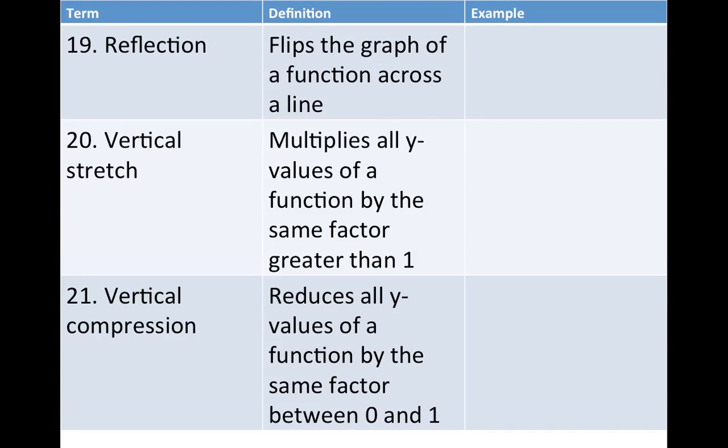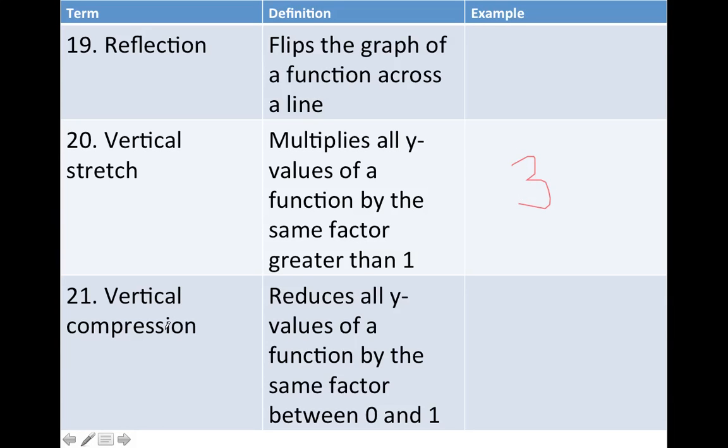A reflection flips the graph of a function across a line. So normally we're going to talk about our x and y axes. A vertical stretch multiplies all the y values of a function by the same factor greater than 1. So, for example, we would multiply everything by 3.